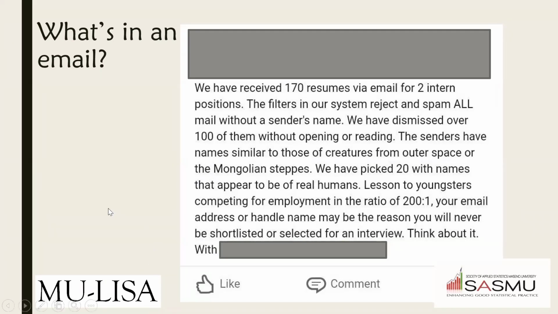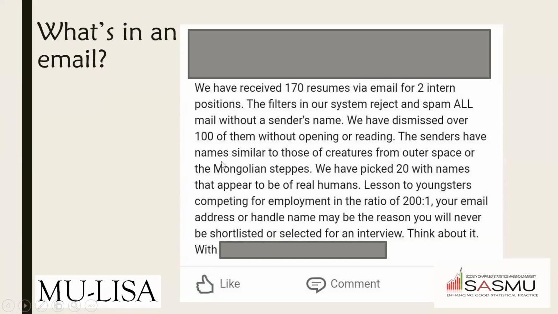The first thing that happened is anybody who did not use their own name in the email, which Depha also mentioned, when people use strange email names and things like that, they're automatically dismissed. And how many were dismissed? 100. That remains with 70.